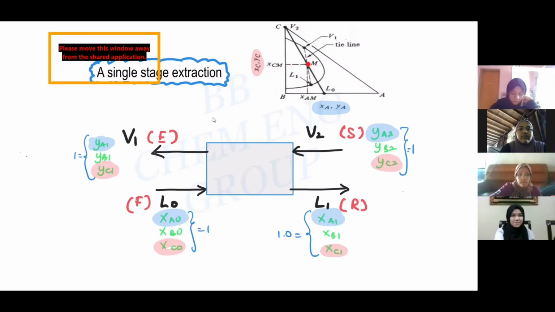Since this is 2-dimensional, when you add XCM plus XAM, it doesn't have to equal 1. So that is not the case. The maximum that you get is 1, but it can be less than 1.